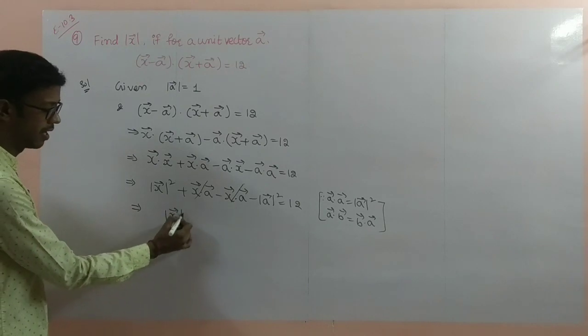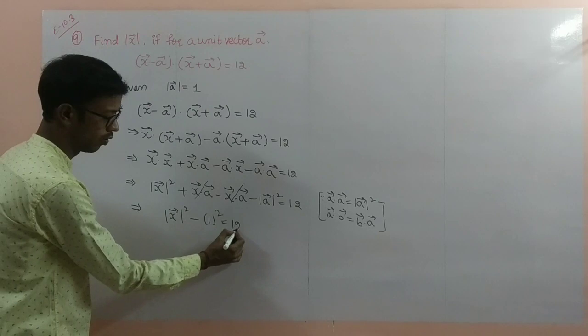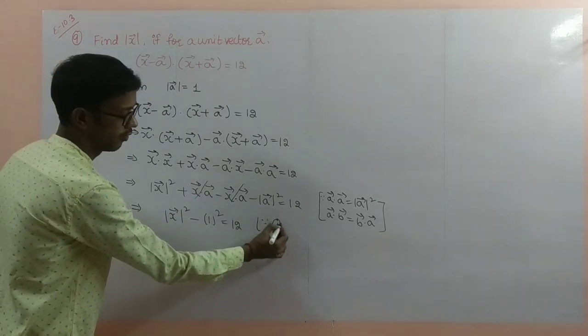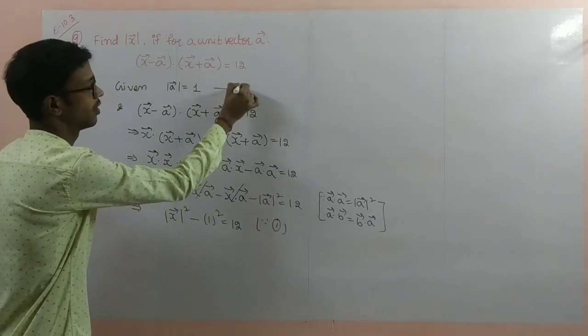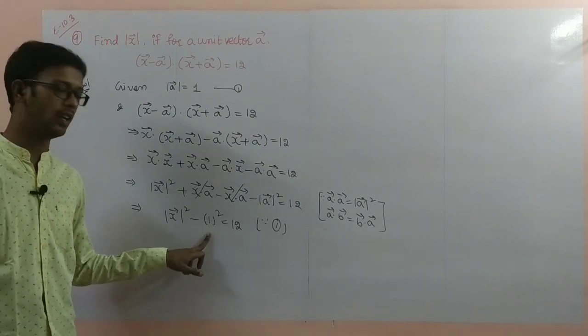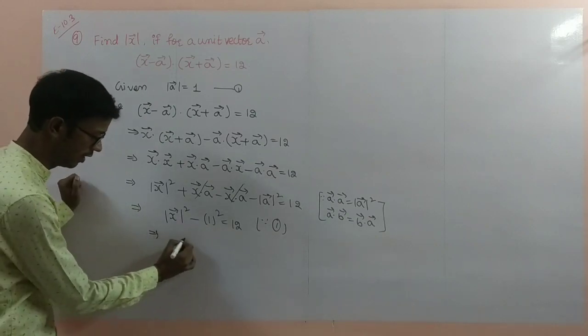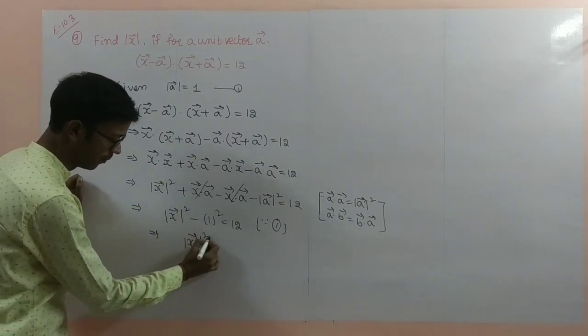Magnitude of x bar square minus this value is 1 square, equal to 12. Since from equation 1, the magnitude of A bar is 1. So the magnitude of x bar square equals how much?